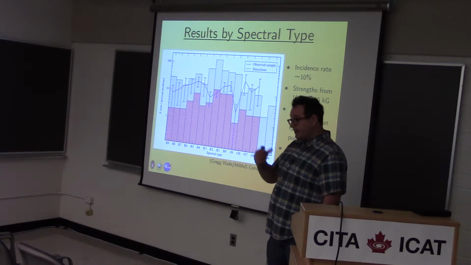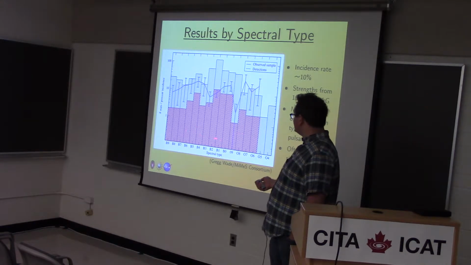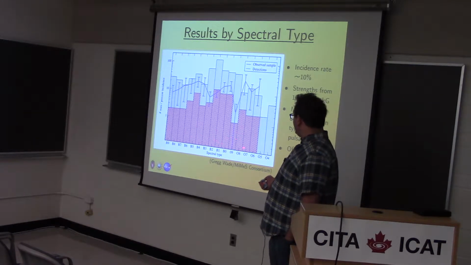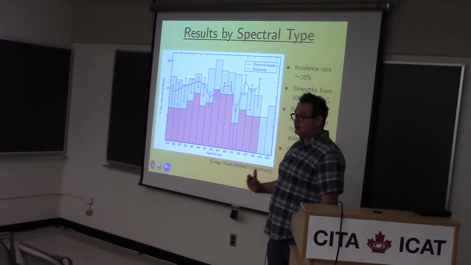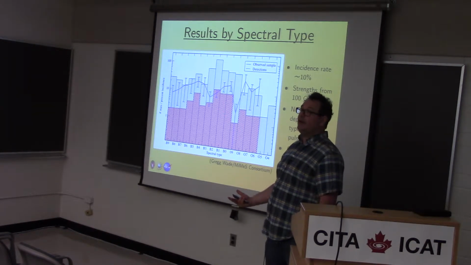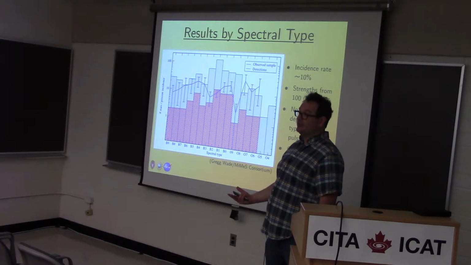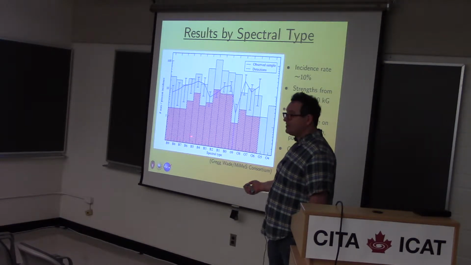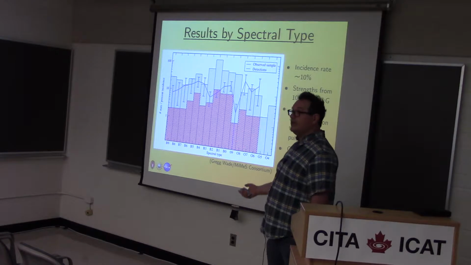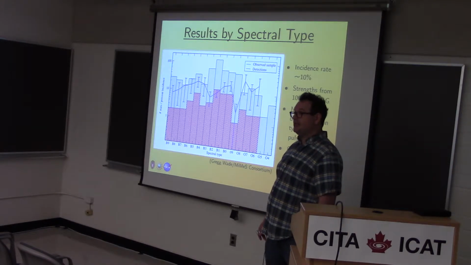The Bp stars are the ones that have been known about since the 70s, but the survey has extended the spectral types to much earlier types, so O stars as well. And the O stars don't show the same chemical abundance anomalies that the Bp stars show. So basically, these stars down here are the Bp stars, and then towards earlier types, these are stars that aren't obviously chemically peculiar, but nevertheless show magnetic fields.